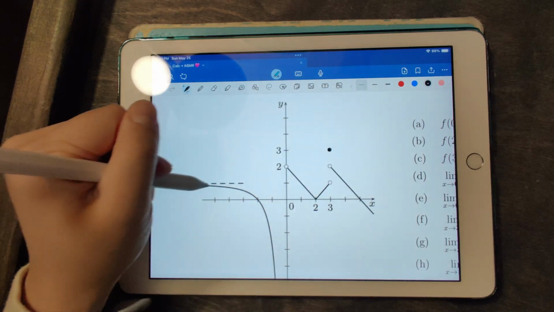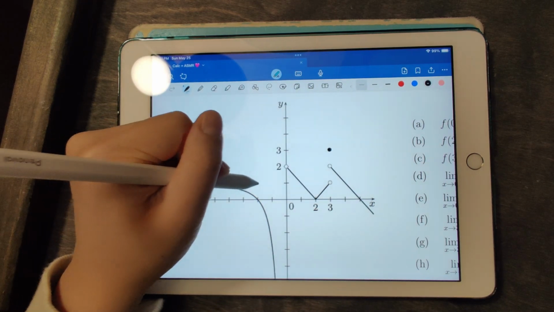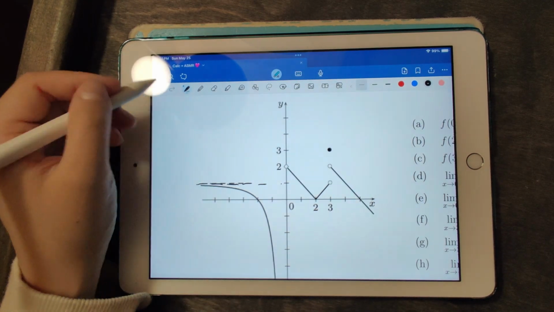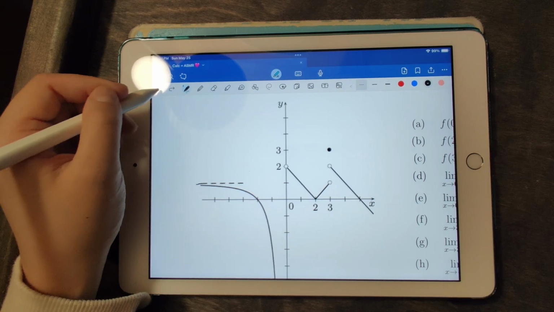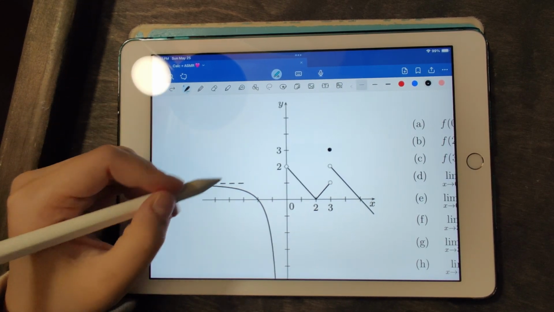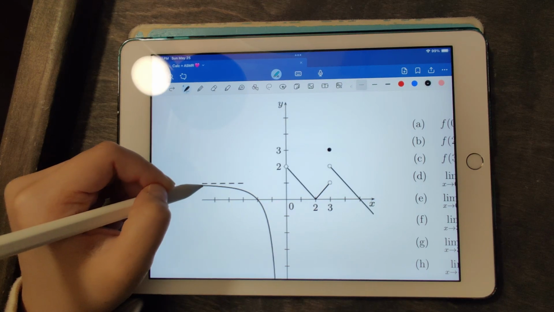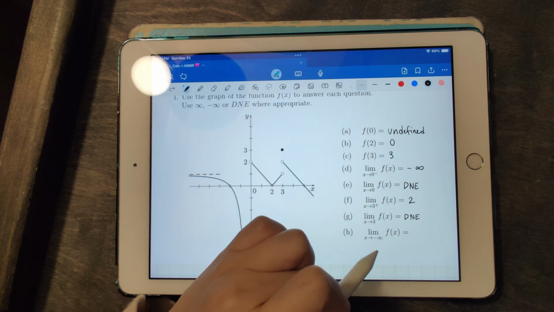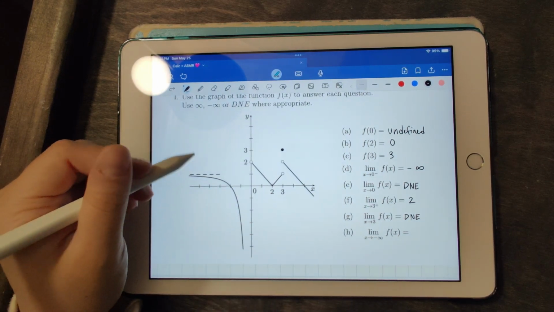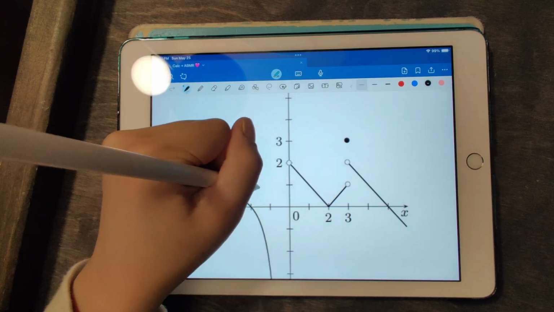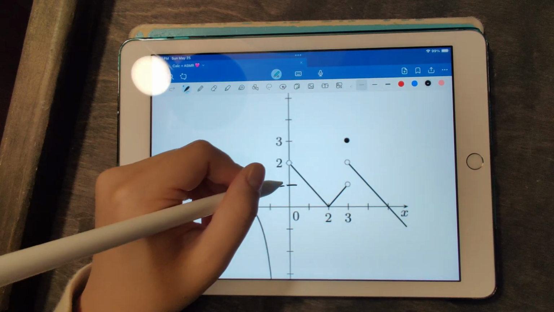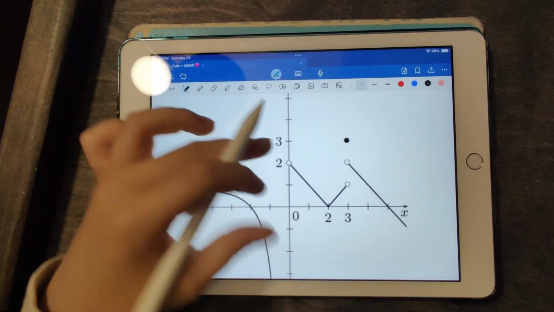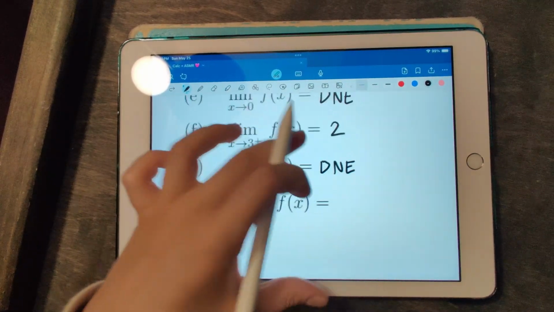We can see this line is called a horizontal asymptote, and this line, if you extend it to the y-axis, goes to 1. So the answer to this question would be 1.